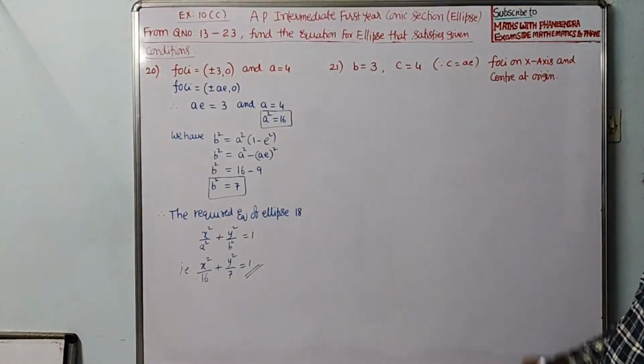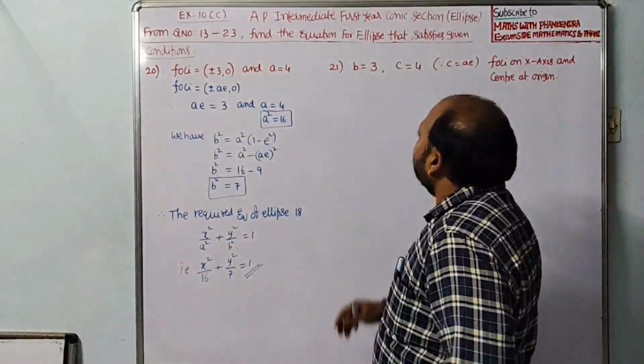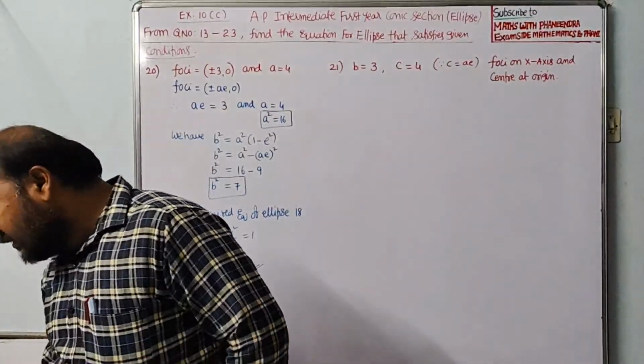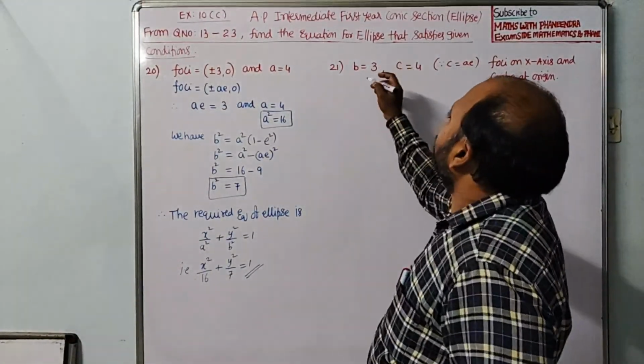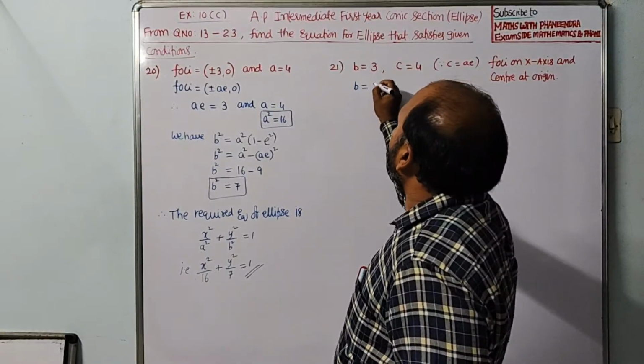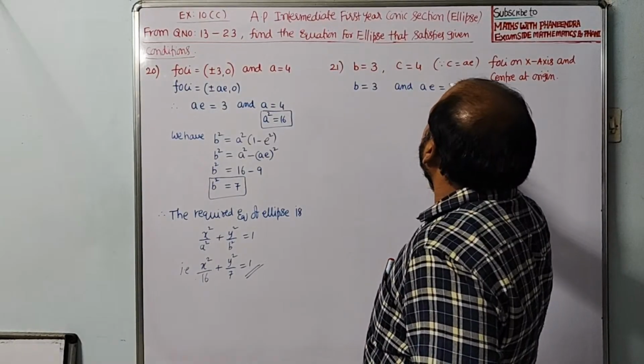Now with the given data, B is equal to 3. Wherever in the textbook C comes, dear students, you can consider C as AE. So B equal to 3 and AE is equal to 4.